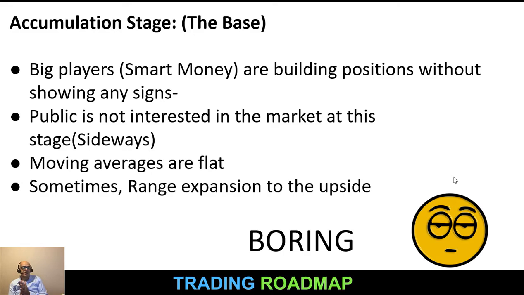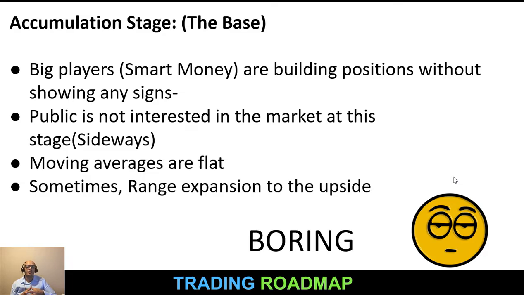So we're going to start with the accumulation stage. Some people call it the base, but I'm going to show you how this gets kind of vague and how it's not that easy to define. But let's now just worry about what the meaning and the definition of the accumulation stage is.